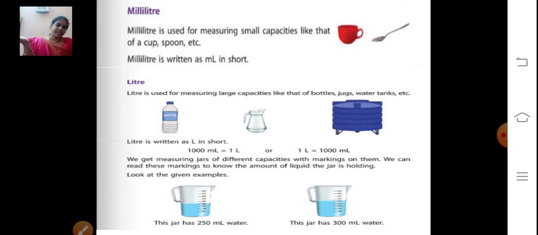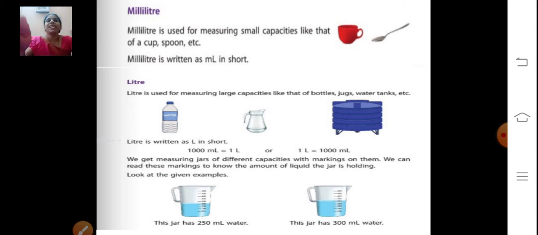Grams and kilograms are for solid items, right? Like tomato, rice, a bag full of rice. How to weigh a particular object? Grams and kilogram. And for measuring how much amount the container can hold, that is the capacity.